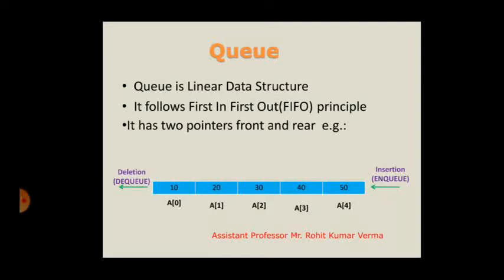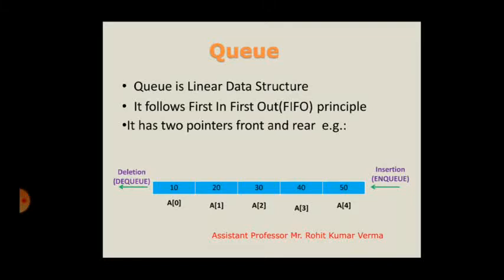Dear students, we have another function, that is the full function. Why are we using the full function? To check whether the queue is full or not. So if we want to check whether the queue is full or not, we are using the isFull function. Similarly, we have another function, that is the isEmpty function. Why are we using the isEmpty function? Whenever we want to check if the queue is empty, we are using the isEmpty function.